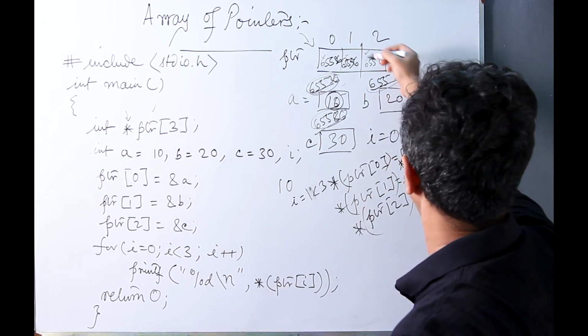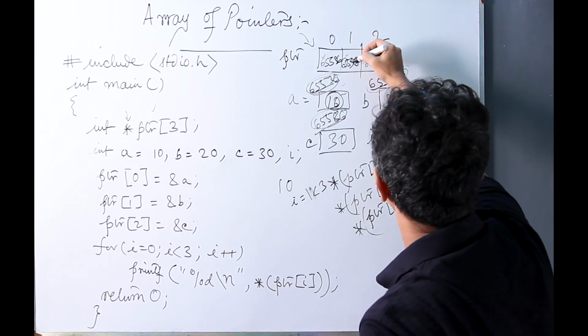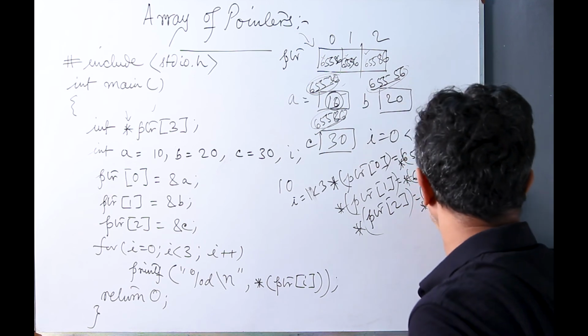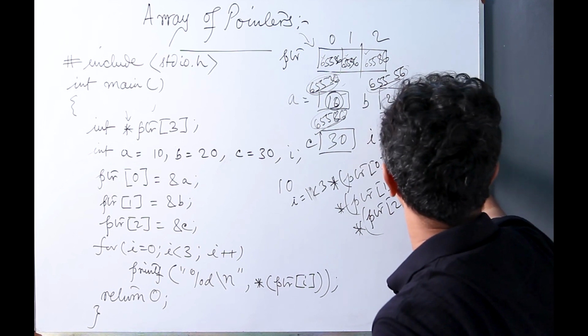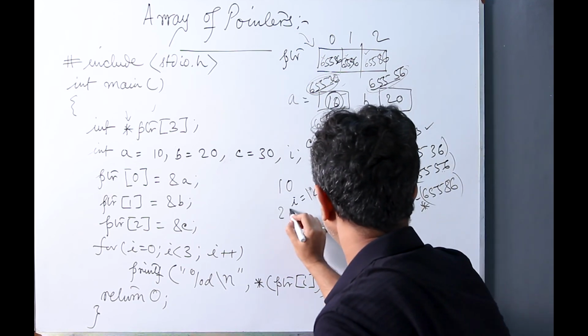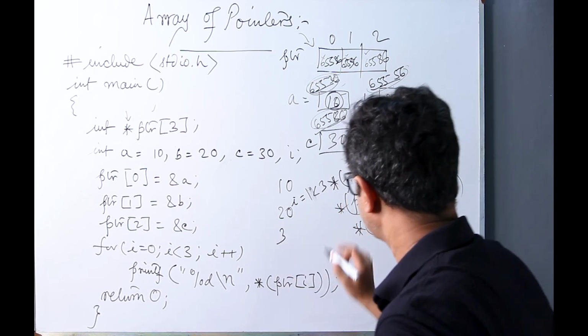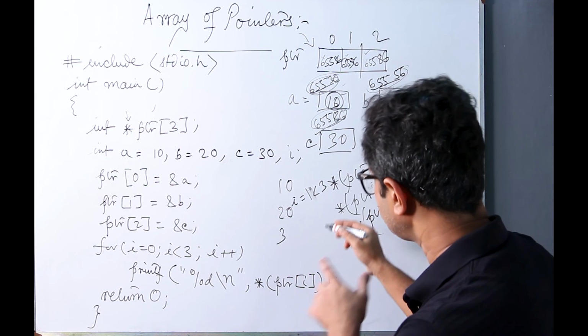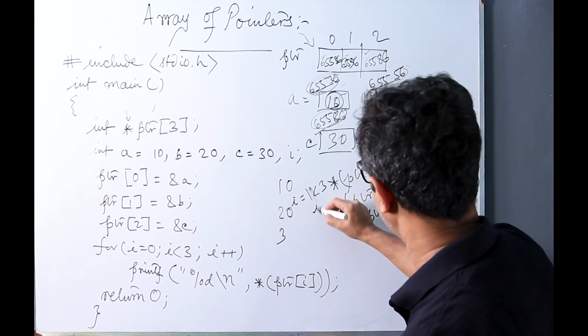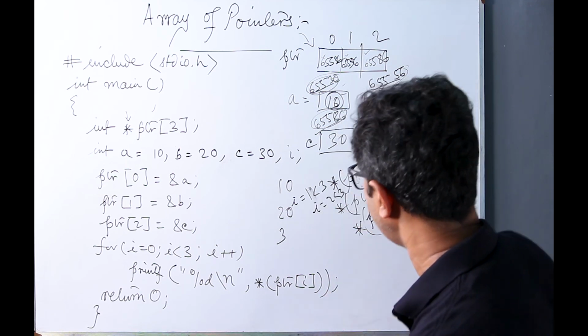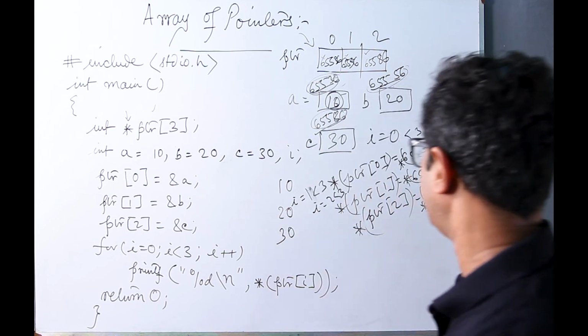So PTR1 means this one. Star of 65556 is nothing but 20. So in the new line we will print 20, likewise in the new line star of 65586, that is when I becomes 2, which is less than 3, and we print 30 in that manner.